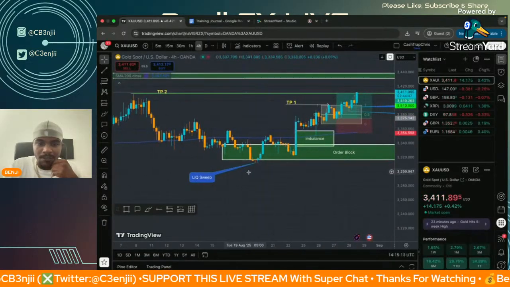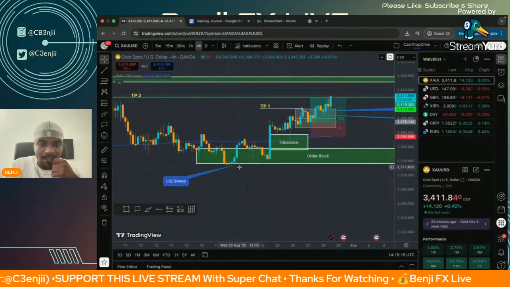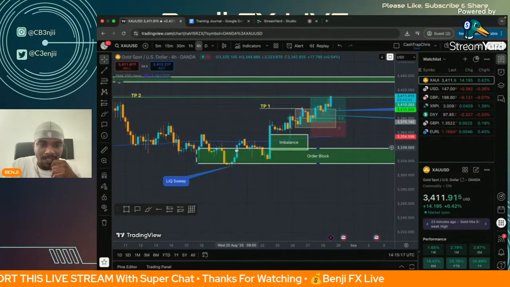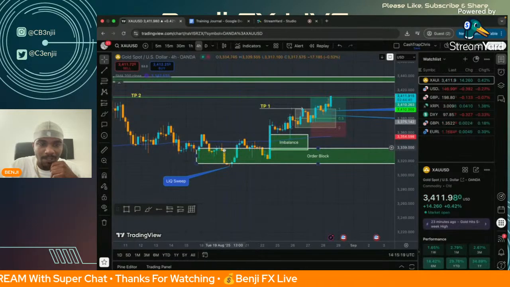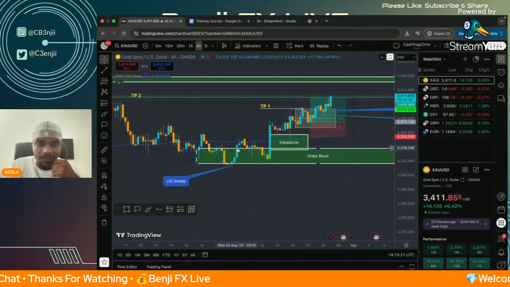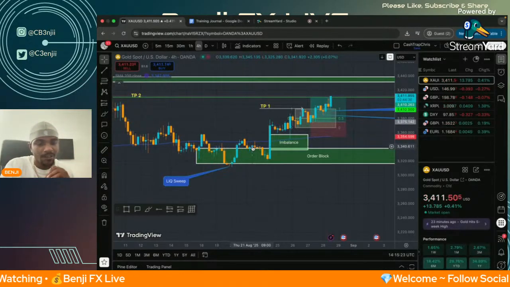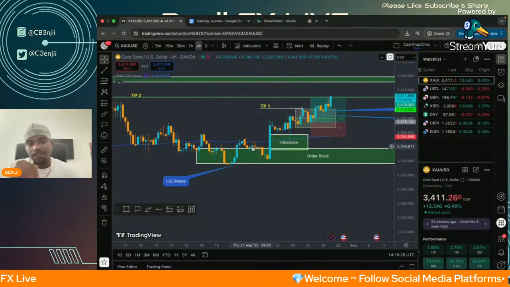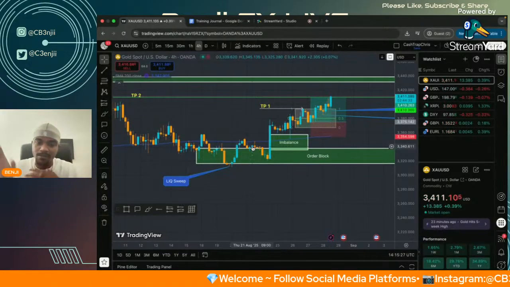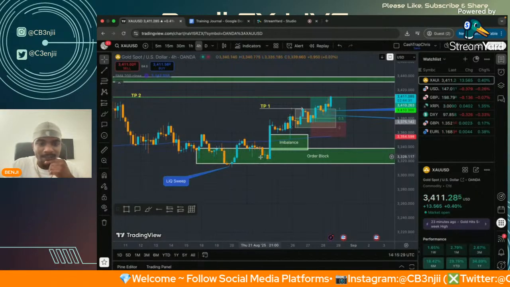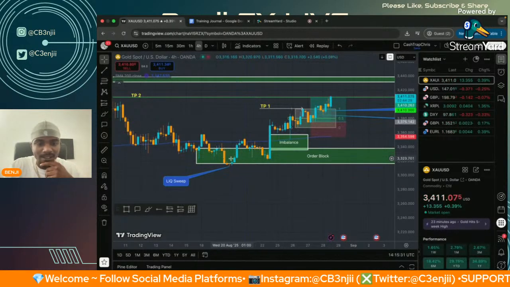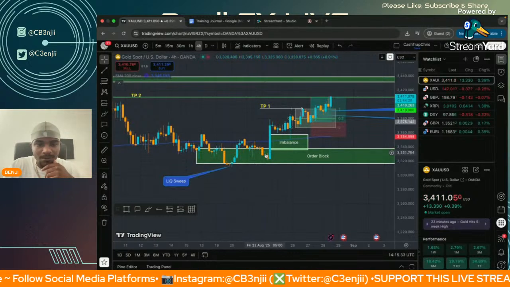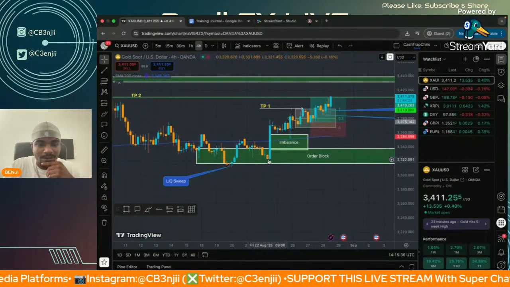Got a liquidity sweep, and this candlestick right here broke that high. That's when we had our shift in direction, so price went from a downtrend to an uptrend. I see that this order block was respected. Price came down into it.